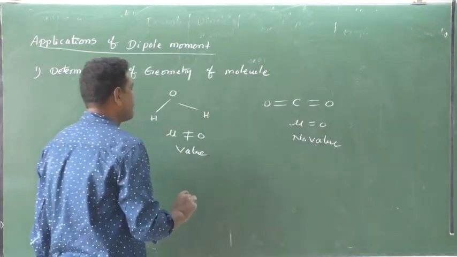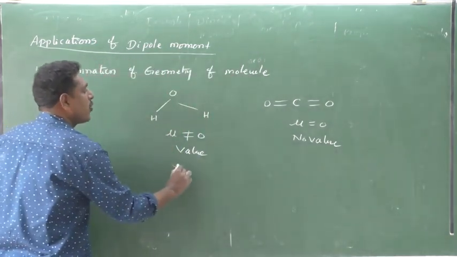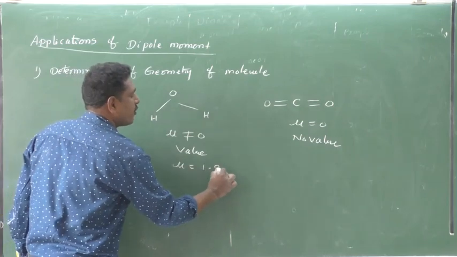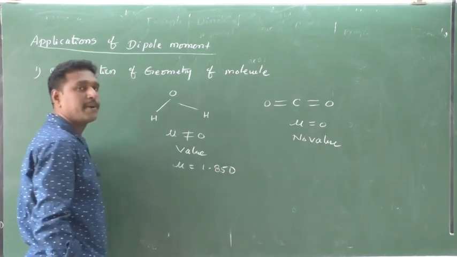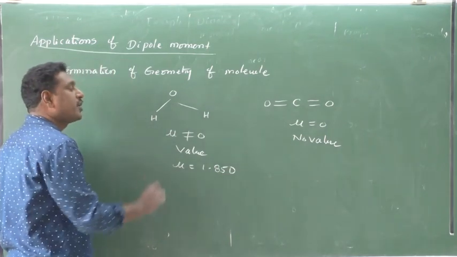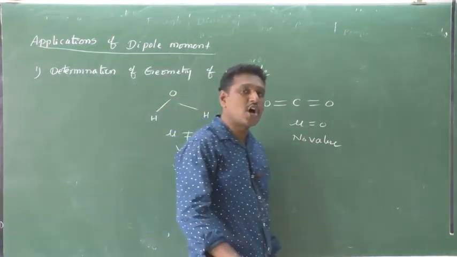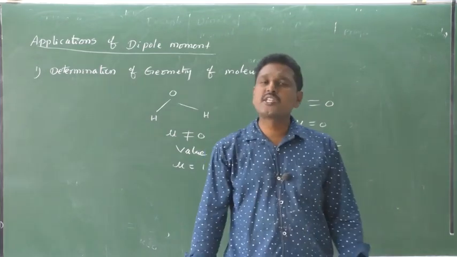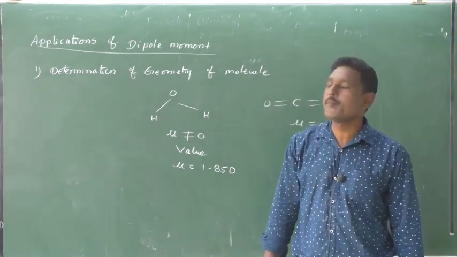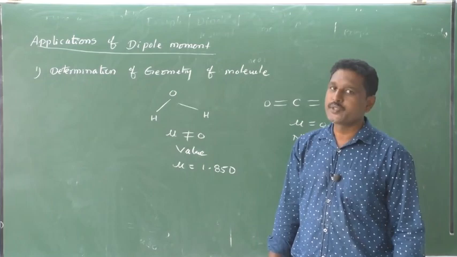That means mu is not equal to 0, mu equal to 1.85 debye. Therefore it is not linear. So CO2 is linear. There is no dipole moment for CO2 molecule.